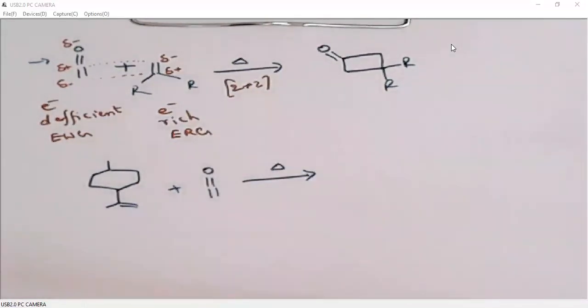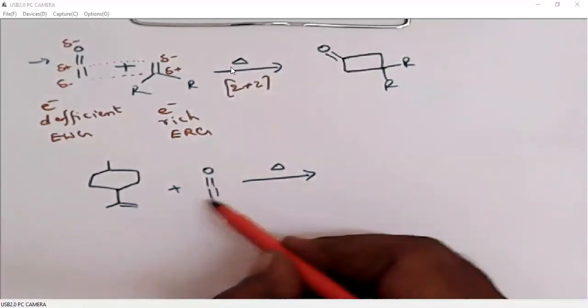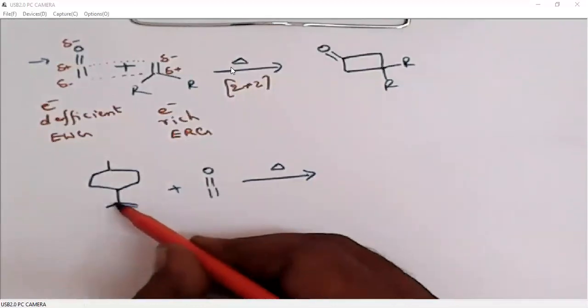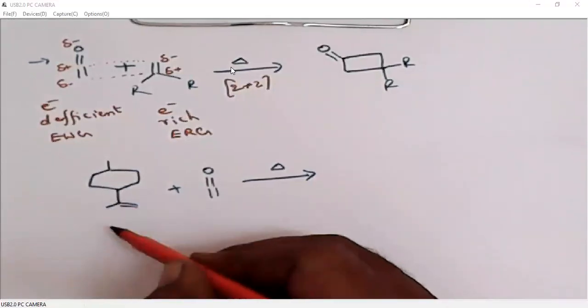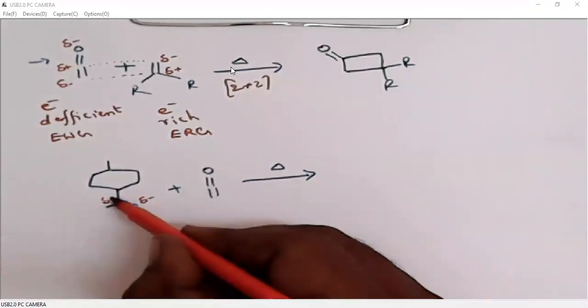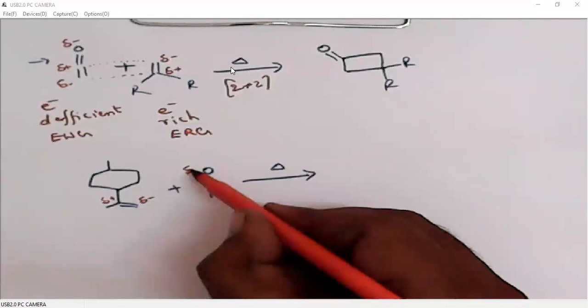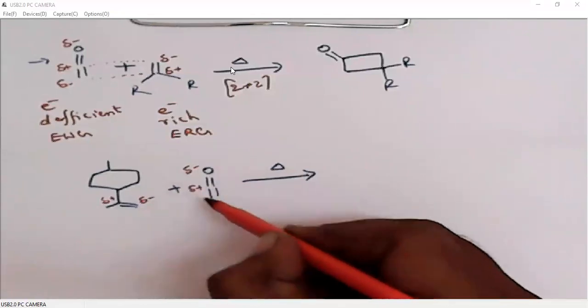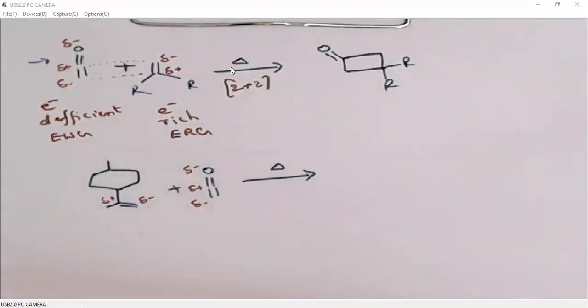First we will try to write the ions, then we can see how we can predict the position of substituents, right? So this is an alkene having two alkyl groups. It is delta minus here, delta plus here; the middle carbon is delta plus, and the end carbon is delta negative.